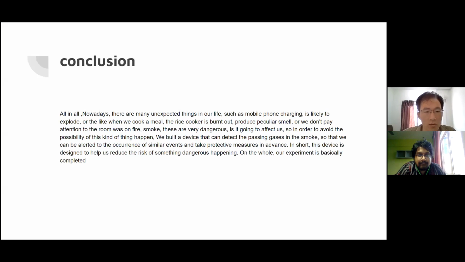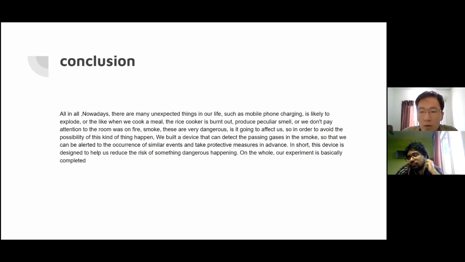For the conclusion, all in all, nowadays there are many unexpected things in our life, such as a mobile phone charging that is likely to explode, or when we cook a meal, the rice cooker burns at the bottom and produces a peculiar smell, or we don't pay attention to a room where there is fire or smoke. These are very dangerous and will affect us.